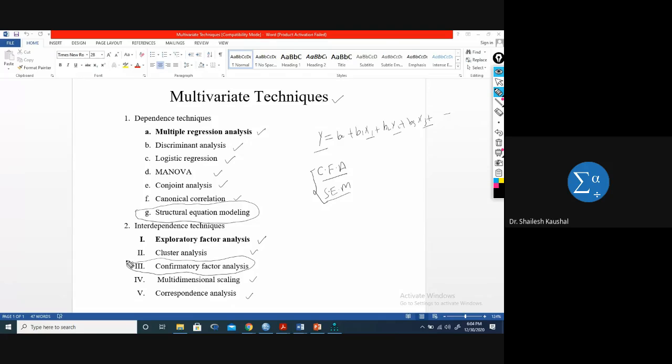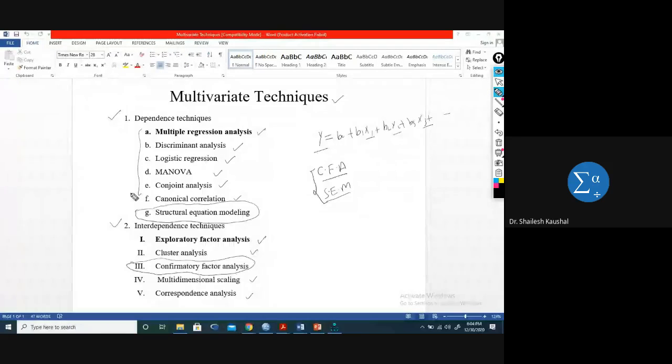Basically, first we divide the multivariate techniques into two: dependence techniques and interdependence techniques. In dependence techniques, we perform multiple regression analysis, discriminant analysis, logistic regression, MANOVA, conjoint, canonical. Here we test our hypothesis.